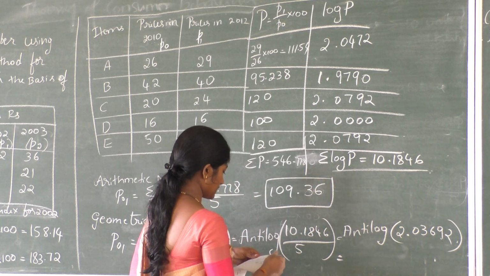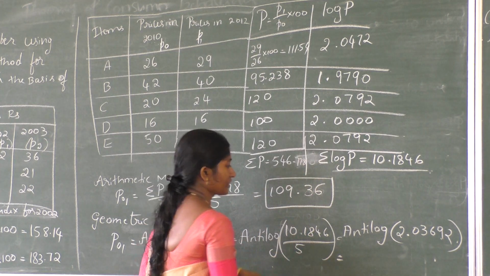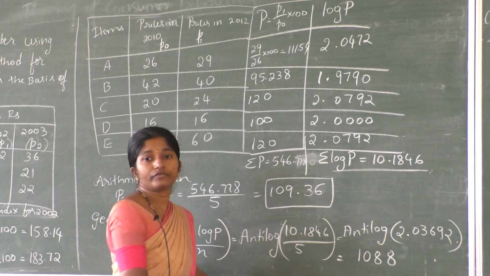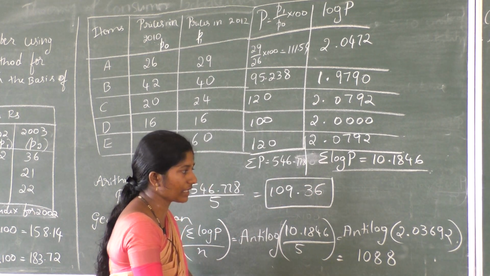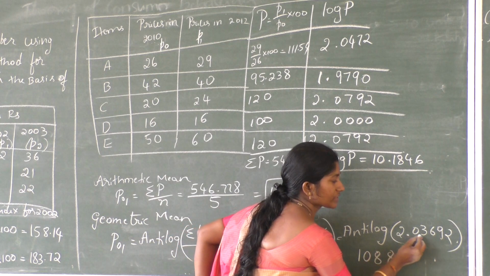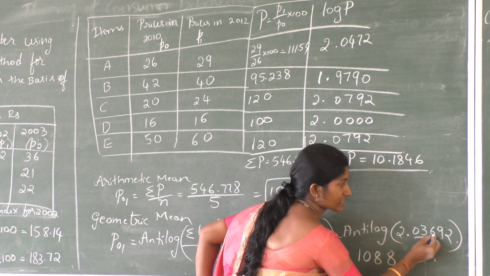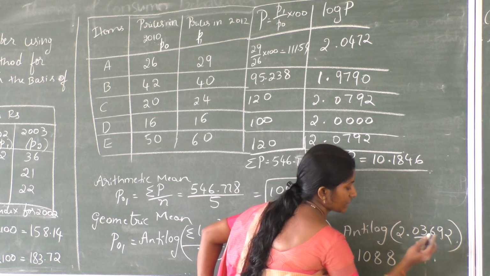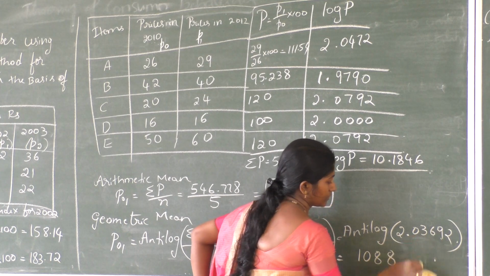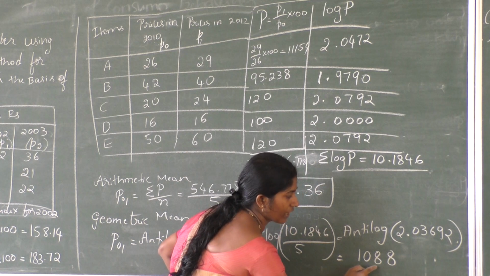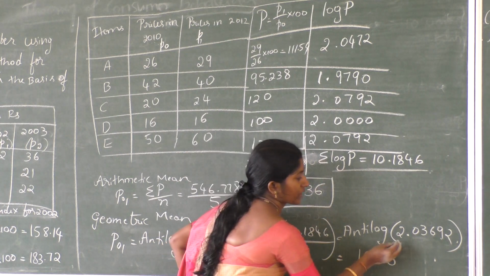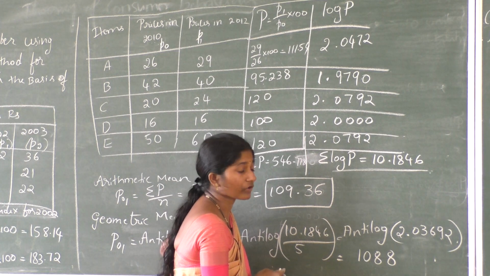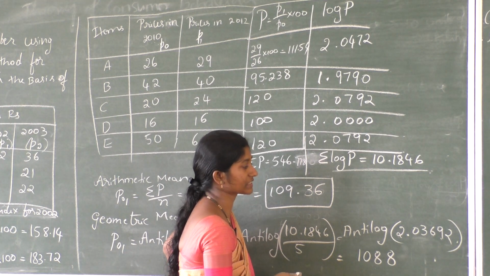So answer, that is 1088. So 0.03, column 6, and mean difference 9. That time we got 1088. Now here the value given is 2. You have to add plus 1. 2 plus 1 is 3.